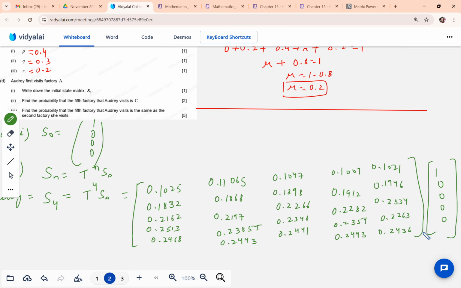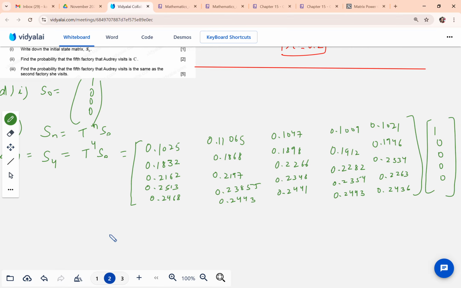When you multiply, you will get a column vector that is 0.1025, 0.1832, 0.2162, 0.2513, and 0.2468. This is your S4. It's just normal matrix multiplication.